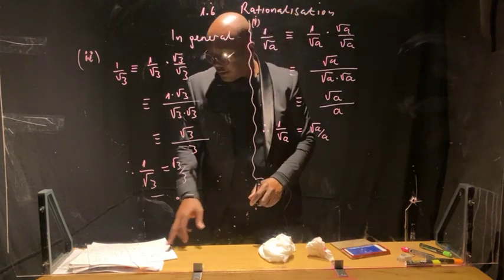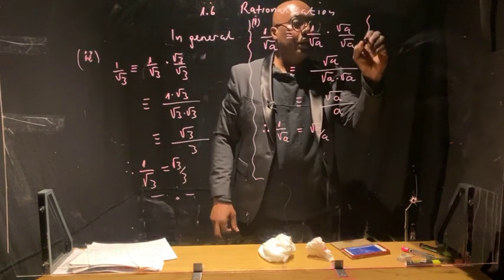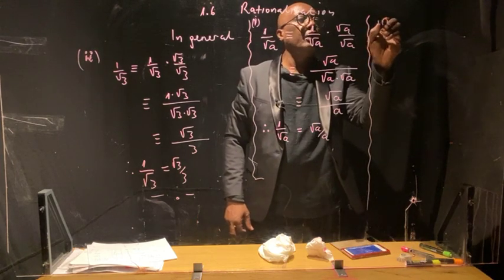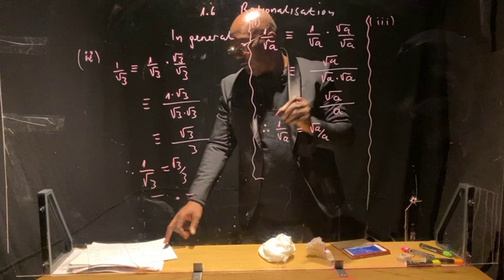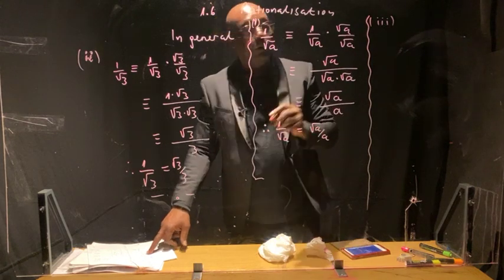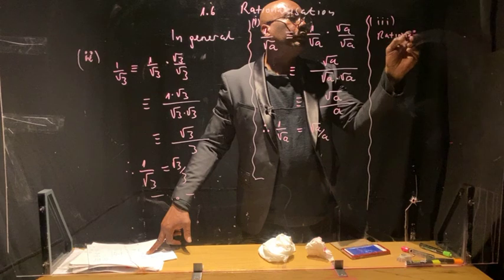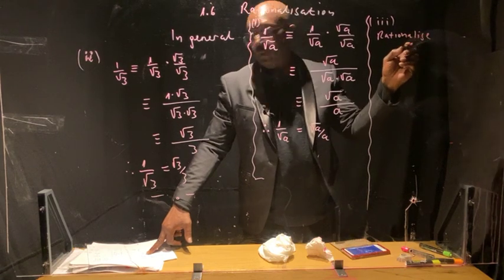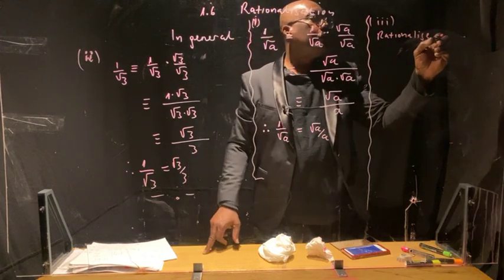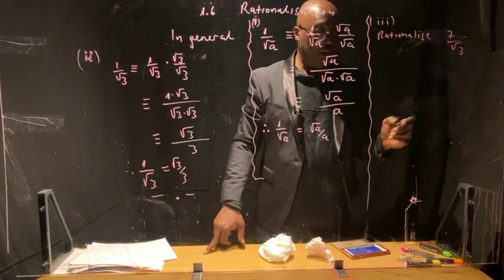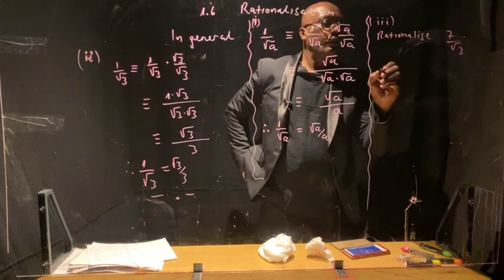Let's take another simple example on this side. Let me call it section 3 of the board. The question says rationalize 7 over root 3.